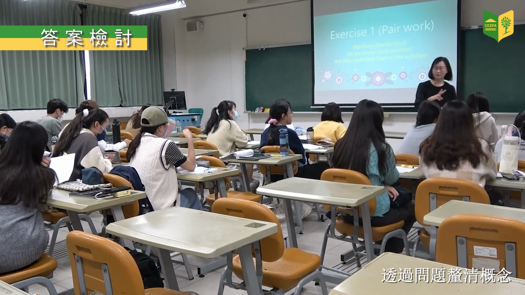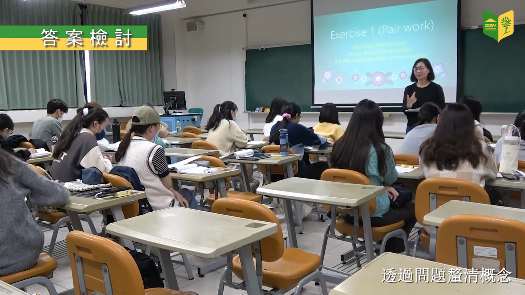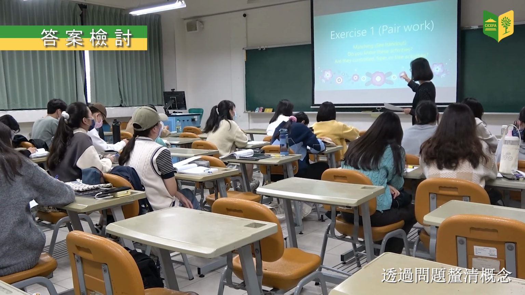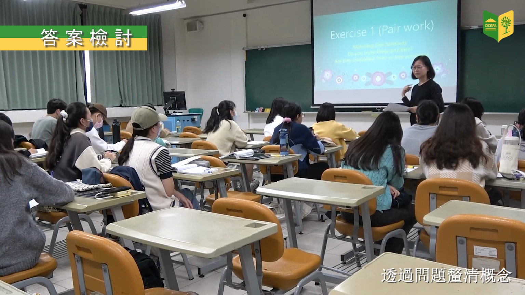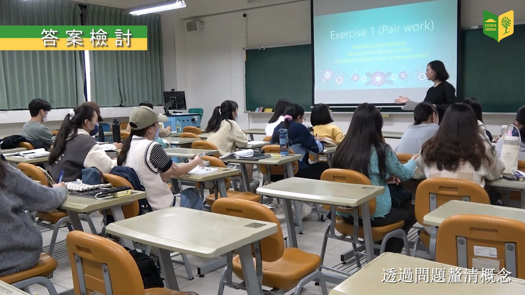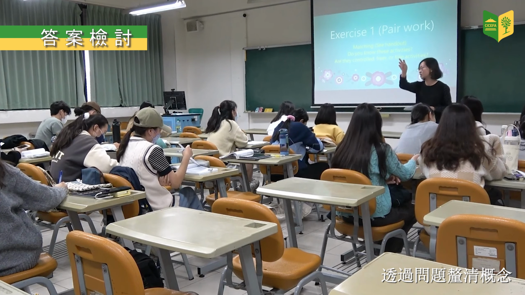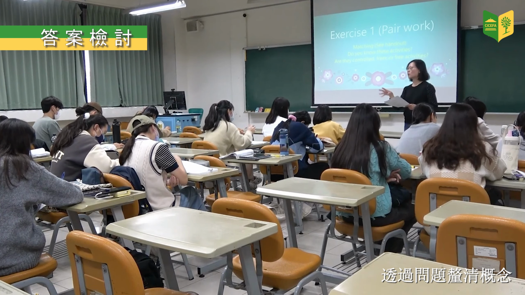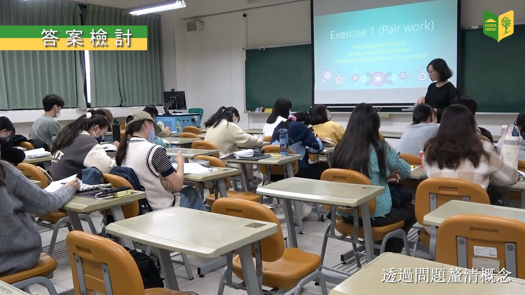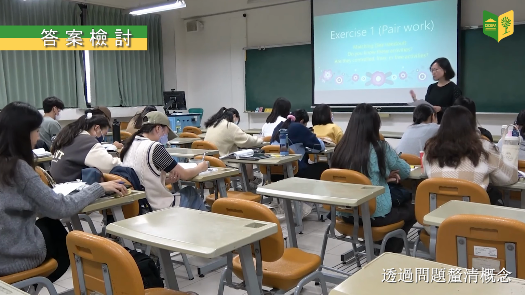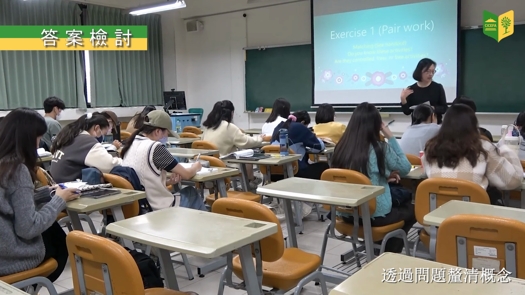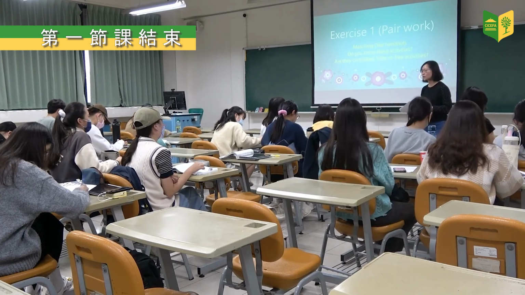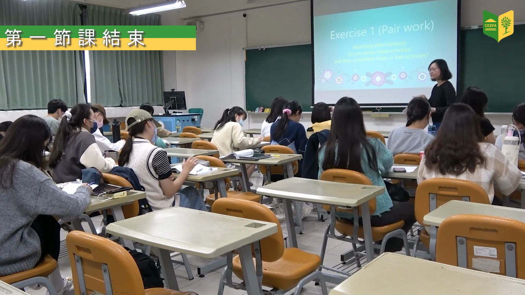The keywords are questionnaire and ask the others. So is it a controlled, freer, or free activity? Freer. It's freer because you have all the questions there, and maybe the answers are already learned from the lesson. So you can have some choices, but the answers could be kind of predictable. So it's a kind of freer activity. We'll finish talking about the answers to the examples here later after the break time.